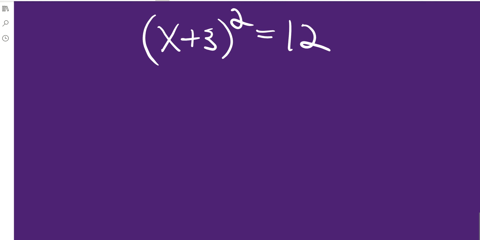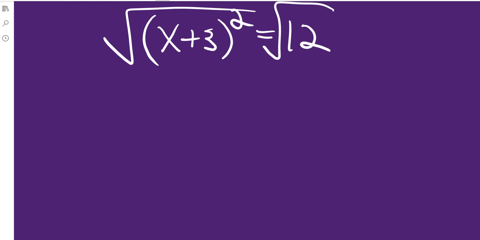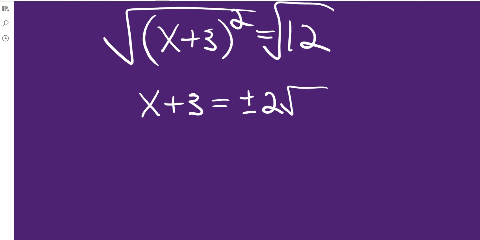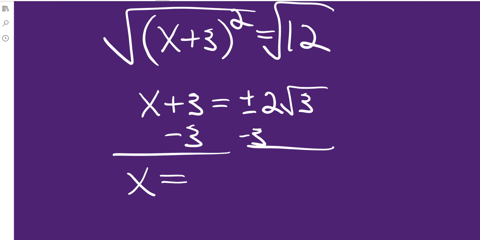Okay, so given that, I'm going to take the square root of both sides, and that's going to give me x plus 3 equals plus or minus 2 root 3. And then how about we subtract 3 from both sides, and I'm going to have x equals negative 3 plus or minus 2 root 3.